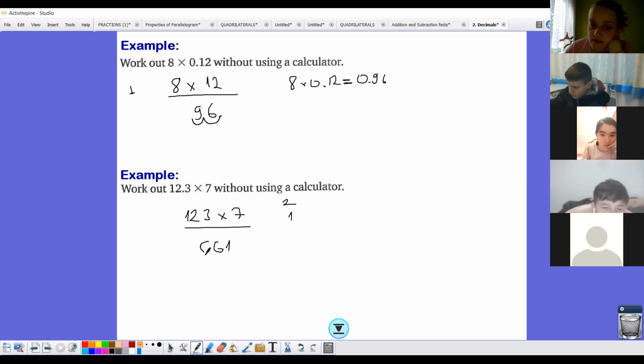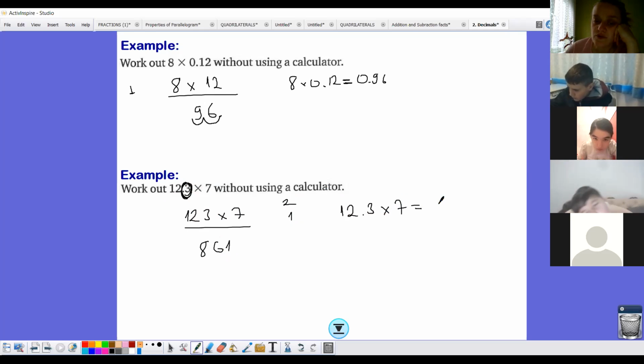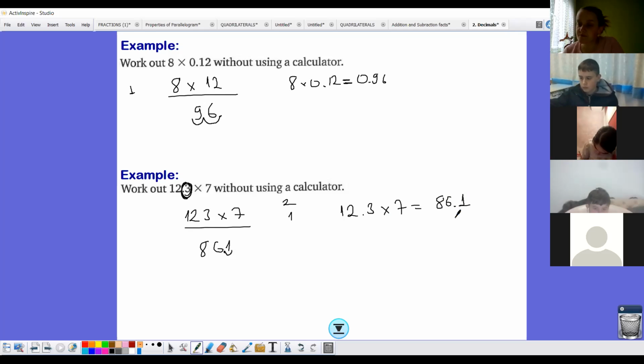And 1 in mind, 8. Now here, as you see, I have a number after the decimal point. So it means that I will move 1 place. So I think I get this. 86.1.